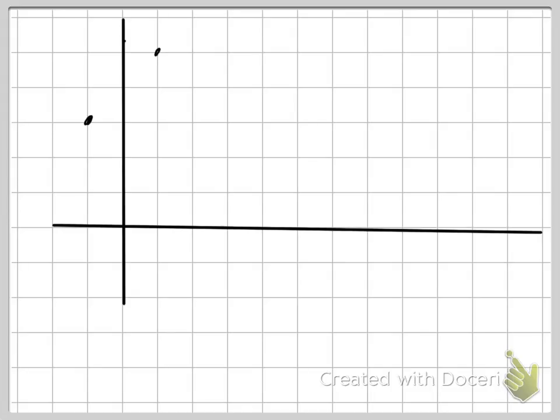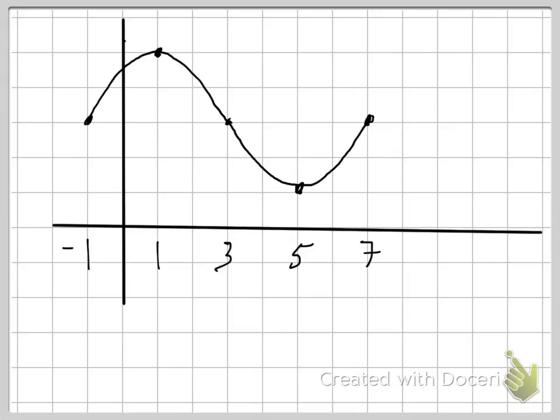Go to there. Okay. All right. And let's make this negative 1. Let's make that 1. That's going to make this 3, 5, 6, 7. Okay? So, there's my wave.